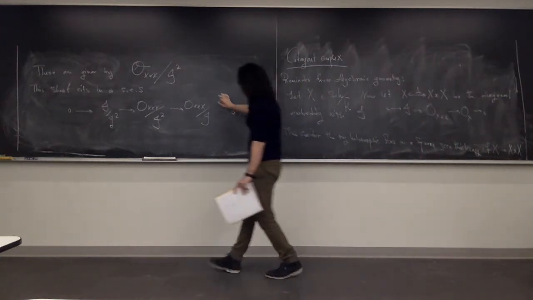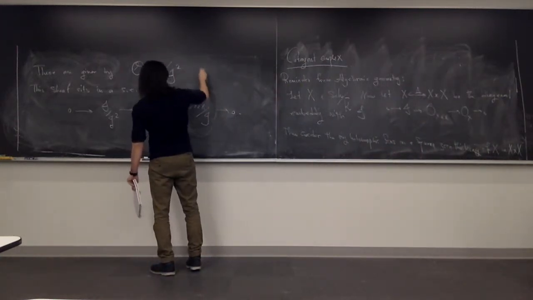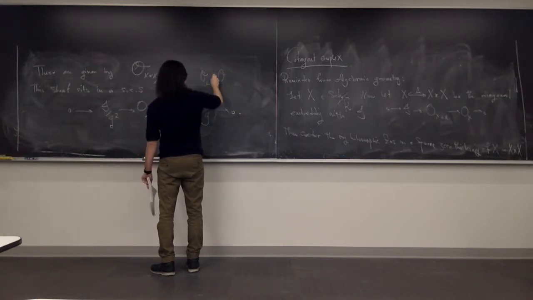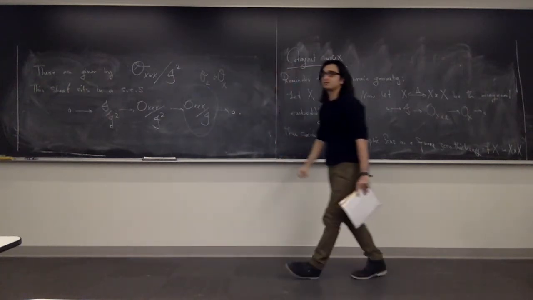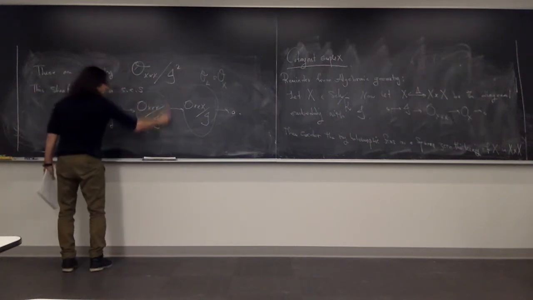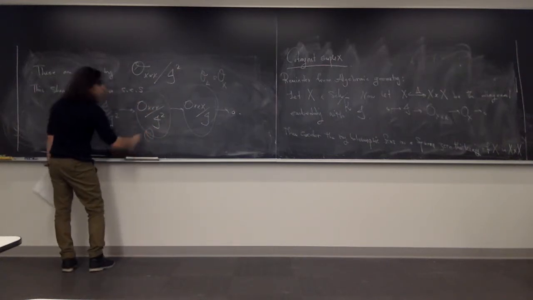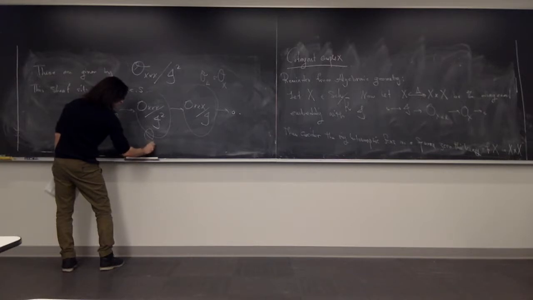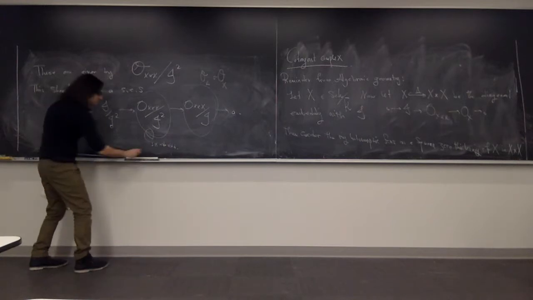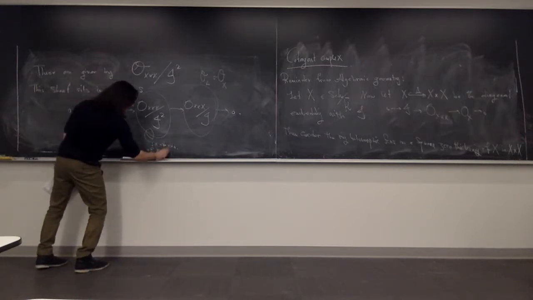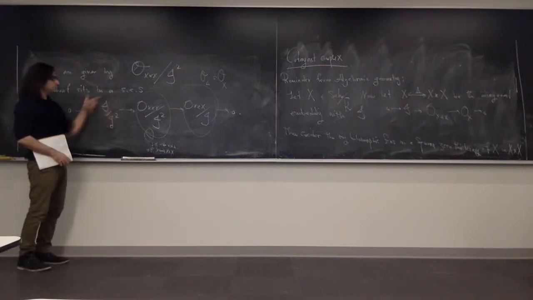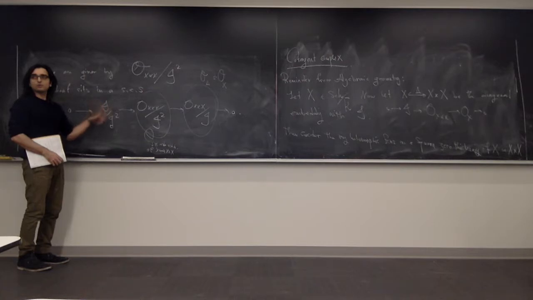So what is this thing? This is the structure sheaf of the diagonal, which is isomorphic to the structure sheaf of X itself. Well, this is the structure sheaf of the first order neighborhood of X inside X cross X. And this guy is the conormal sheaf, the conormal bundle if you like.